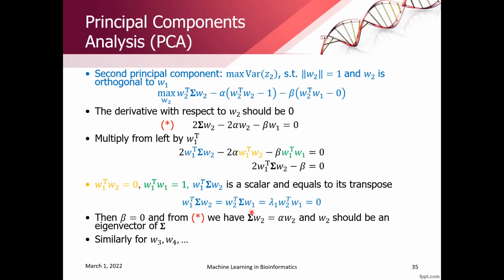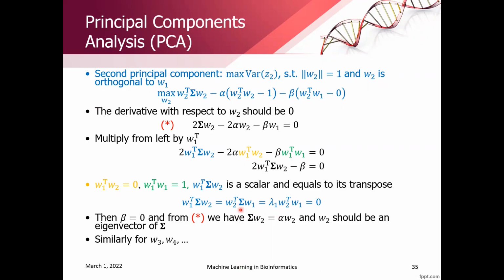And we know that W sub 2 transpose times W sub 1 is 0. Why? This is one of the conditions, that they should be orthogonal.